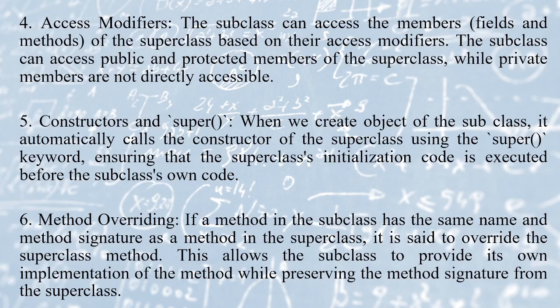Now, method overriding. If a method in a subclass has the same name and method signature as a method in the superclass, it is said to override the superclass method.